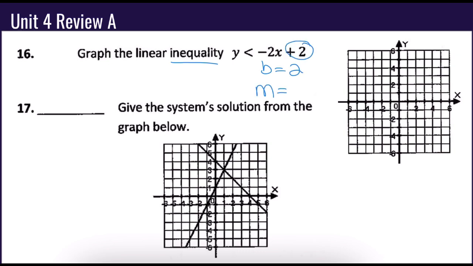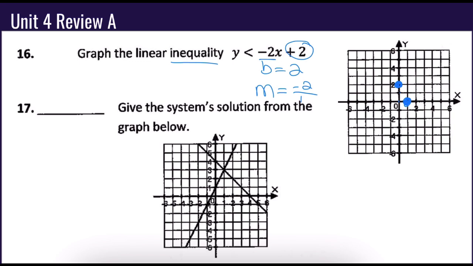Our slope is -2, and we want to turn that into a fraction, so we're doing -2 over 1. B is my point, so I'm going to put a point at 2 on the y-axis. Then I'm going to go down 2 spaces and to the right 1 space. So those are my 2 points.